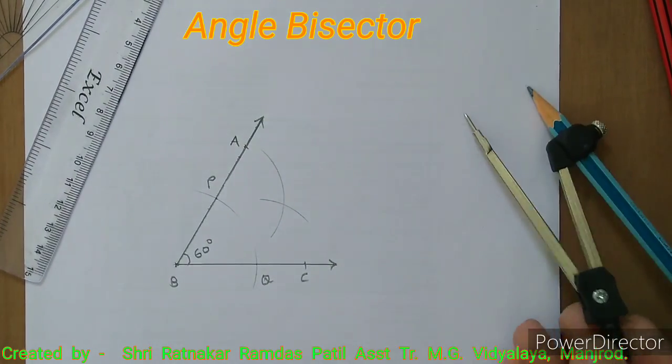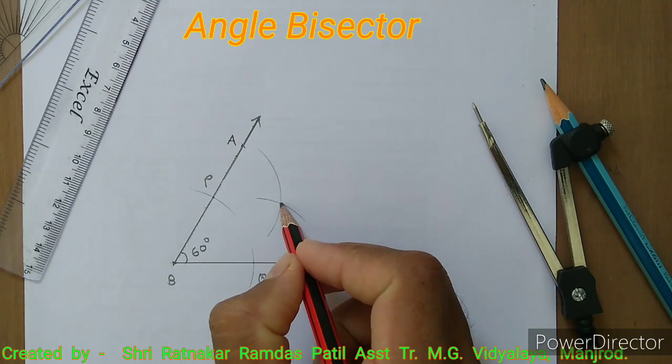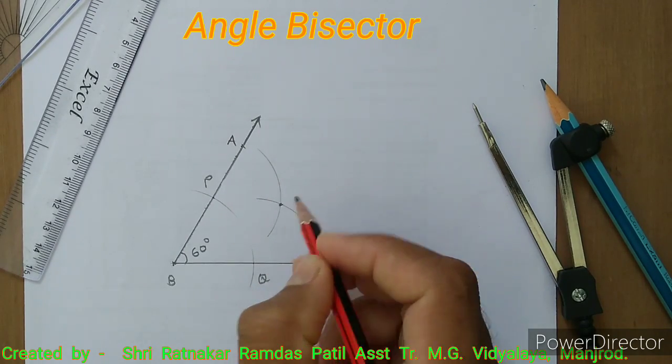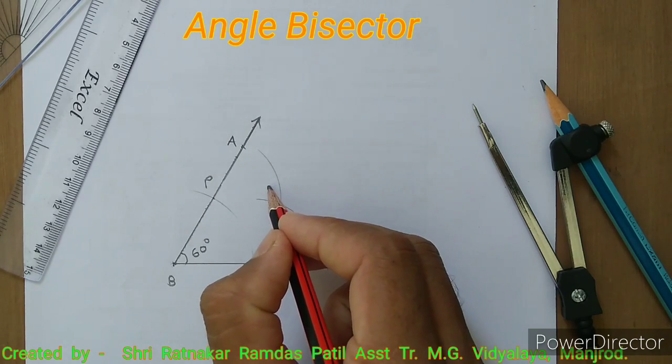We get point inside angle ABC. This point we give name O.